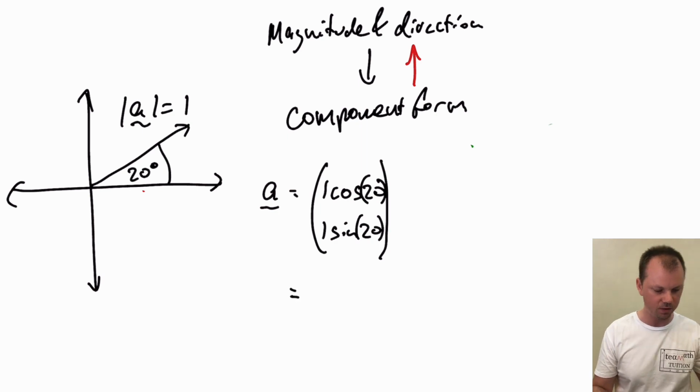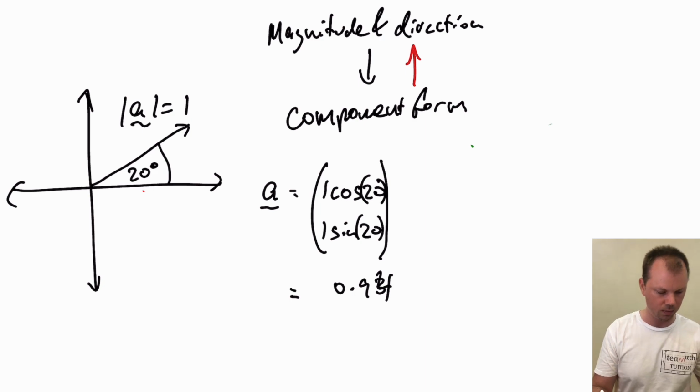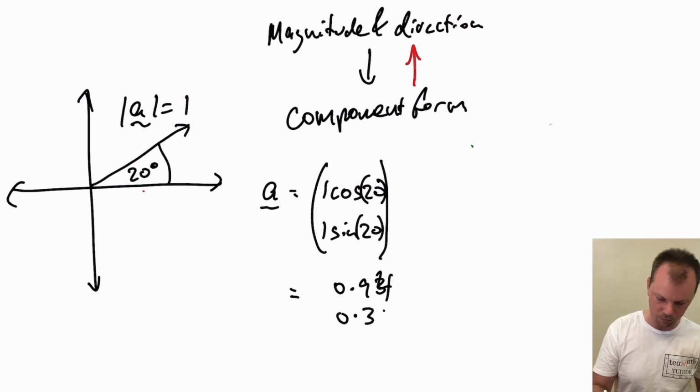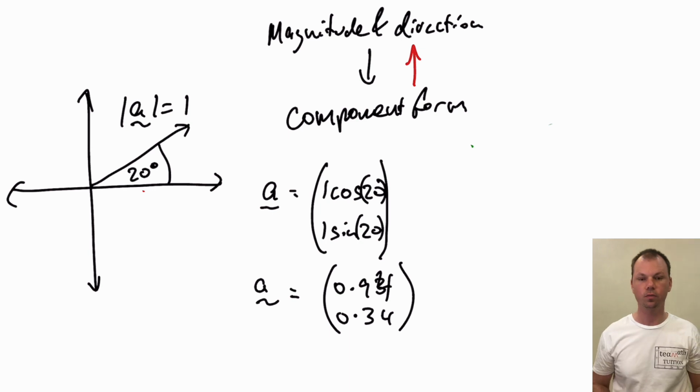And because I don't have exact values, I can enter that into my calculator. Cos 20 is going to be 0.9394, and my y direction is going to be 0.34, and that breaks it down into its component form.